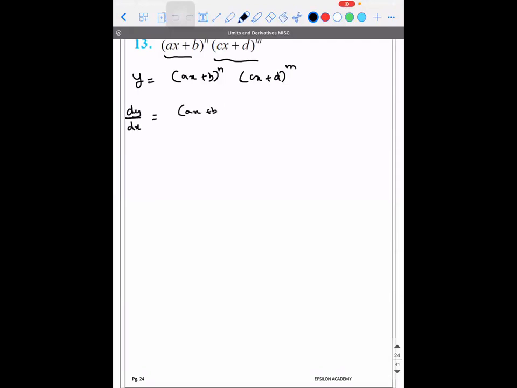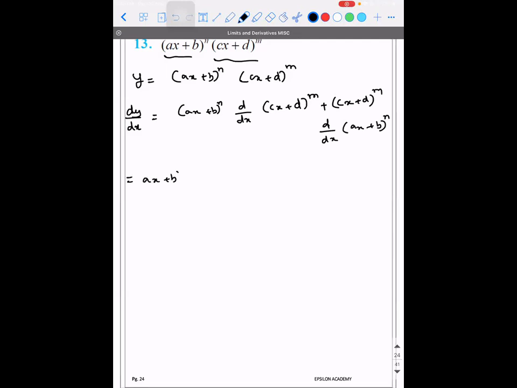Ax plus b the whole power n into d by dx of cx plus d the whole power m, plus cx plus d the whole power m into d by dx of ax plus b the whole power n.